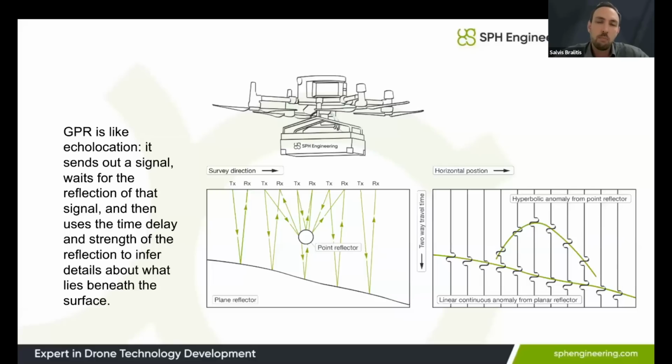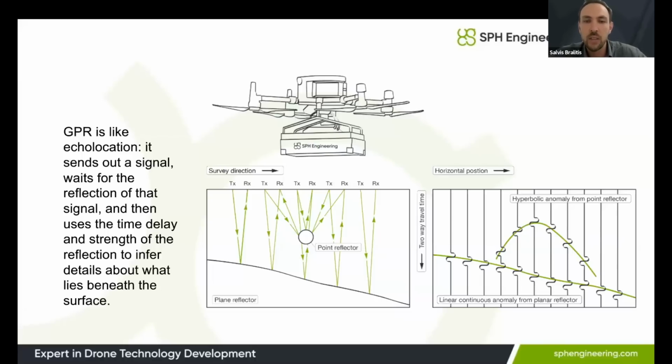So before we kick things off, briefly about how drone-based GPR works for those folks who don't know how GPR works. Basically it emits electromagnetic waves into the subsurface and waits for the reflection from different soil types, or reflectors as we call them, with different dielectric properties.